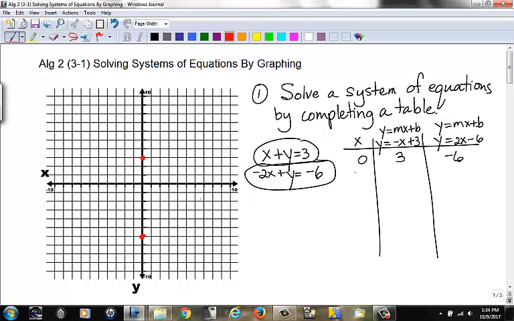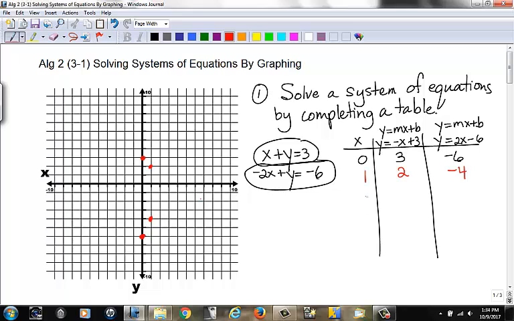Okay, and then if x is 1, you'd have negative 1 plus 3 would be 2. If you put 1 in here, you'd have 2 times 1 would be 2, minus 6 would be negative 4. So one ordered pair would be 1, 2: 1 to the right and up 2. And this one would be 1 to the right and down 4. So you can start seeing your lines.